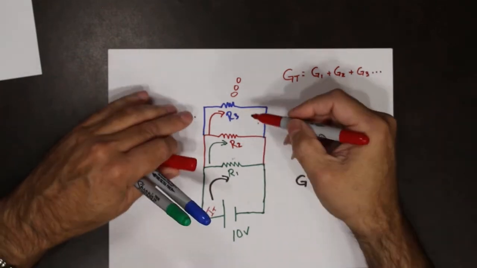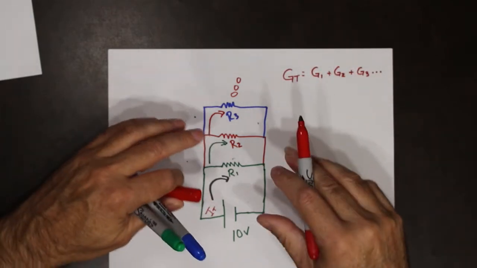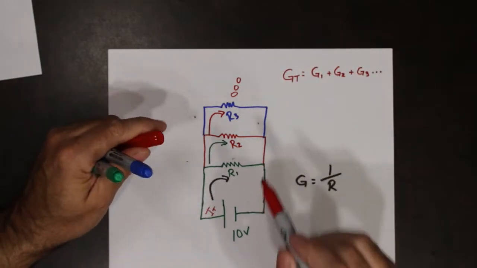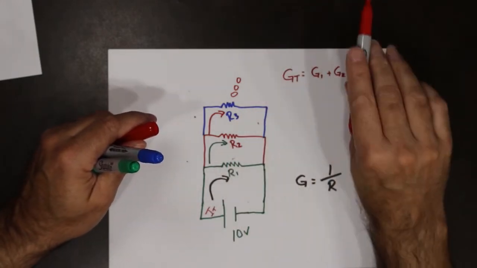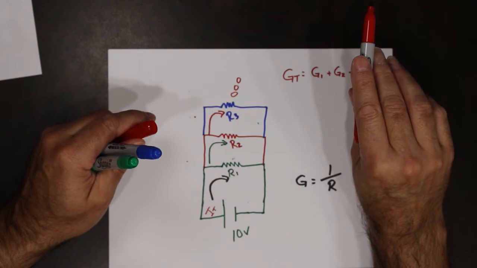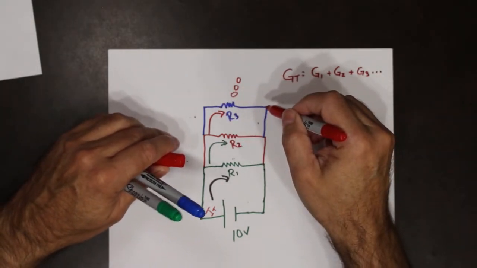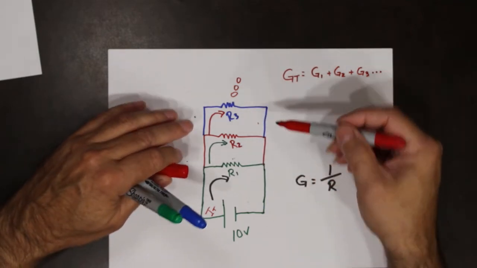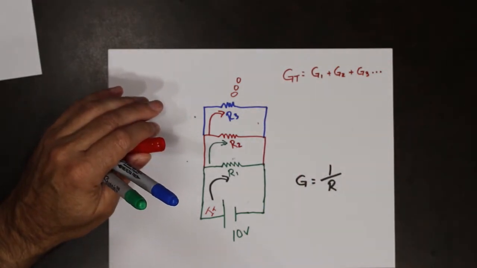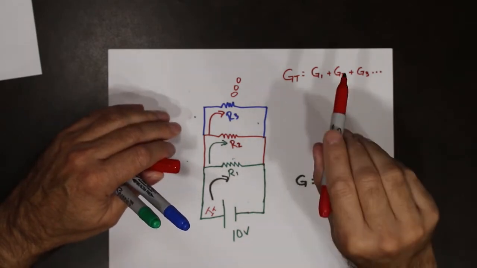So every branch we add adds conductance to our circuit. It adds another possibility for current to go, another set of places for the current to go. So we're able to conduct more.